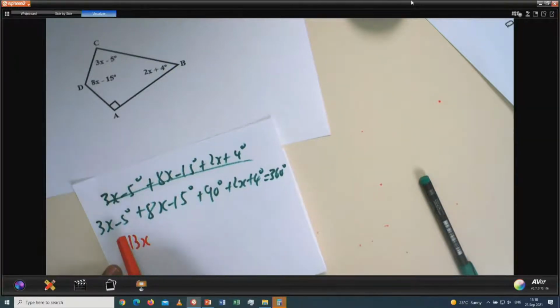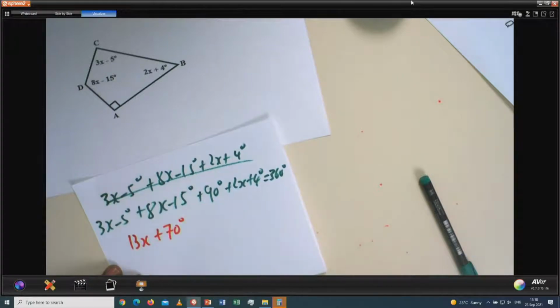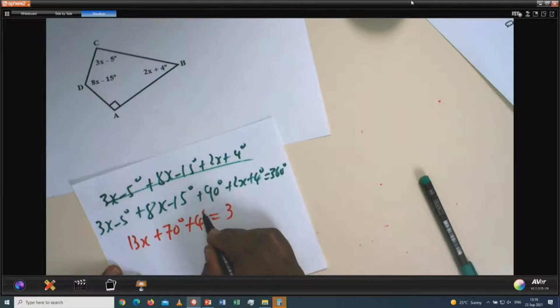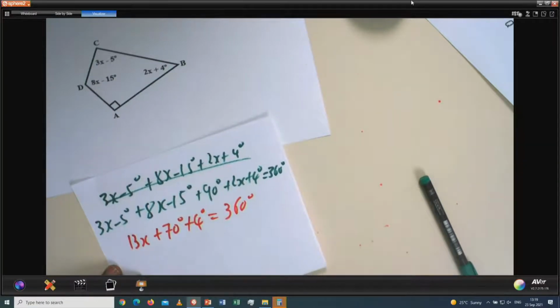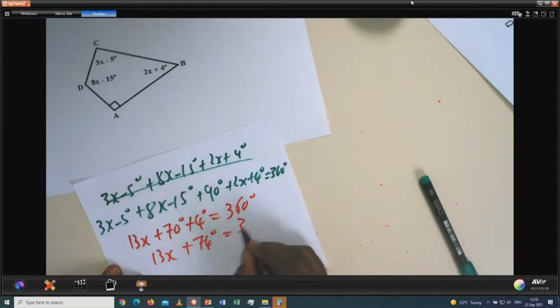Okay? Minus 5 and minus 15 is minus 20. Plus 90 is 70 degrees. Are we right? We said minus 5 and minus 15 is minus 20, plus 90 is 70 degrees. Plus that 4 degrees equals 74. 13x plus 74 degrees equals 360.